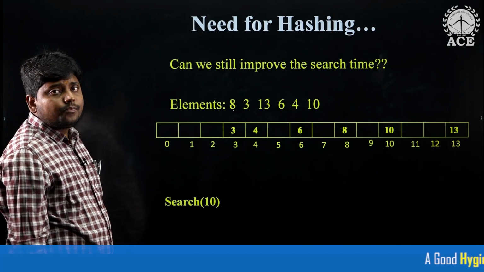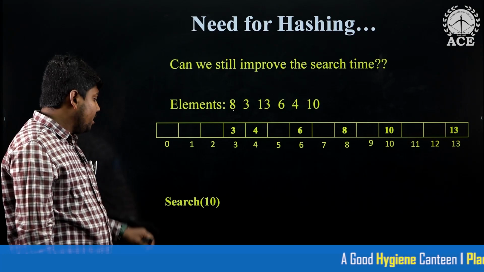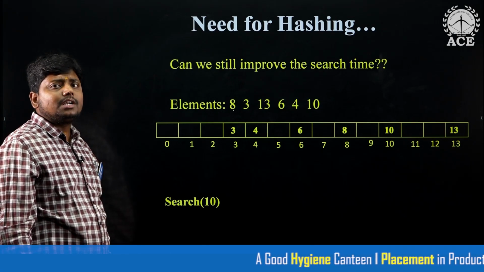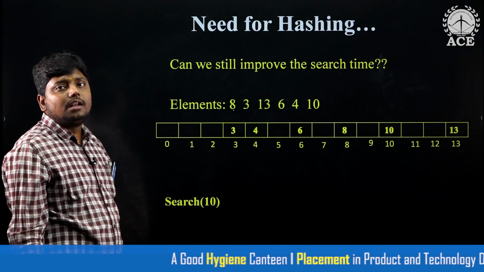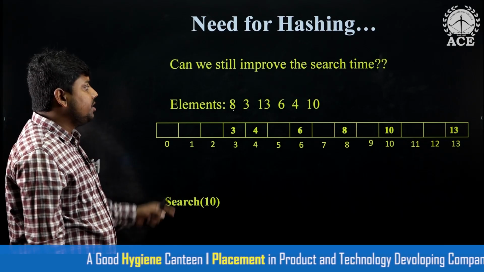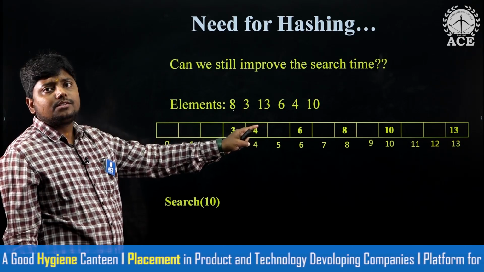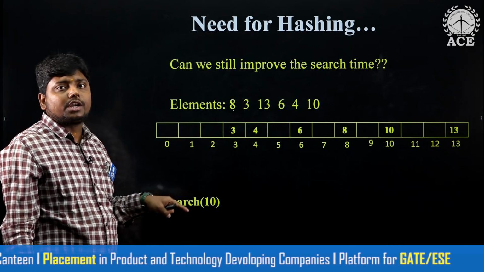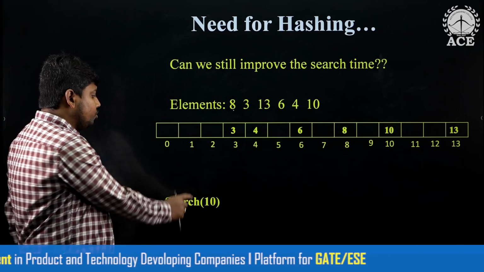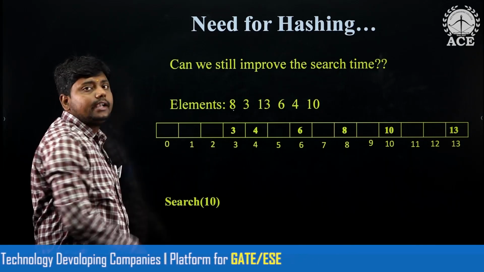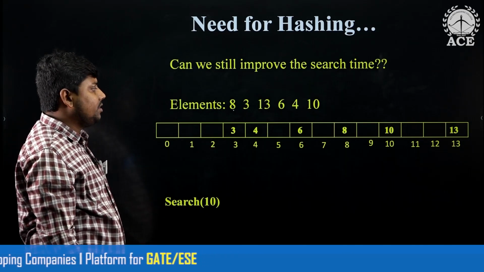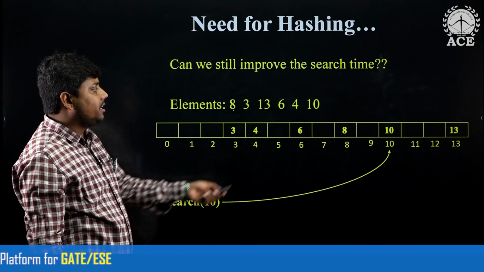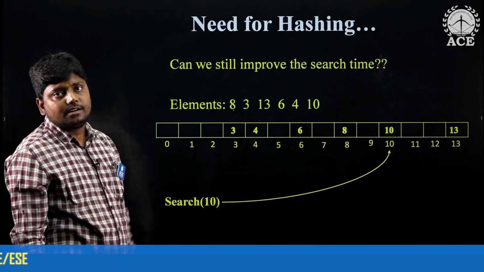Suppose the key which we want to search in this array is 10. Is 10 present in this list or not? Since we have stored all the elements at their index locations, to search for 10 we directly go to index 10. We search for element 10 at index 10, and yes, we have found it.